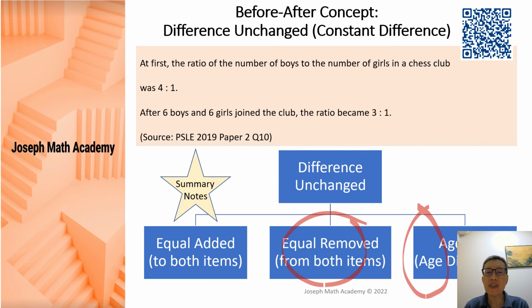Without wasting time thinking and trying, we can get on to solving the question once we have the clues. So one more time, the difference unchanged concept involves keywords like equal added, equal removed, and age question.